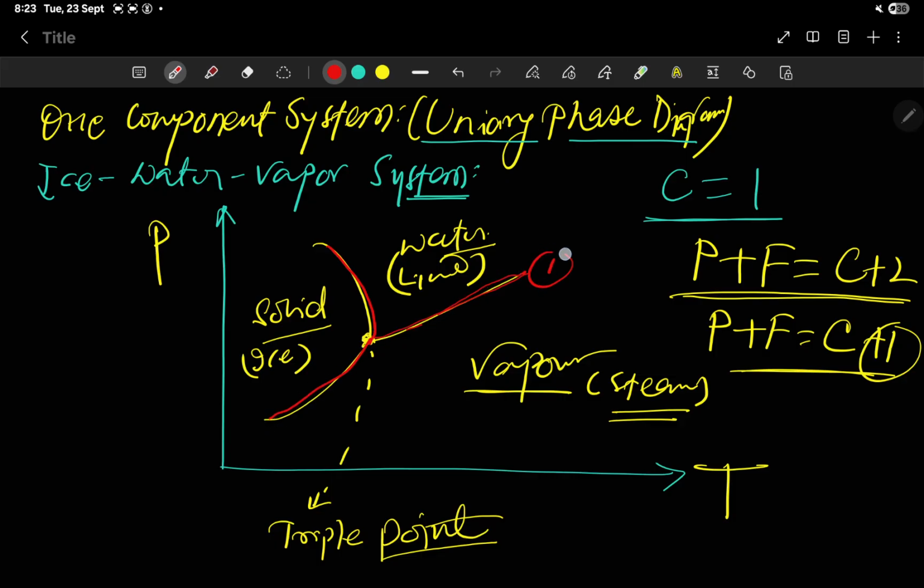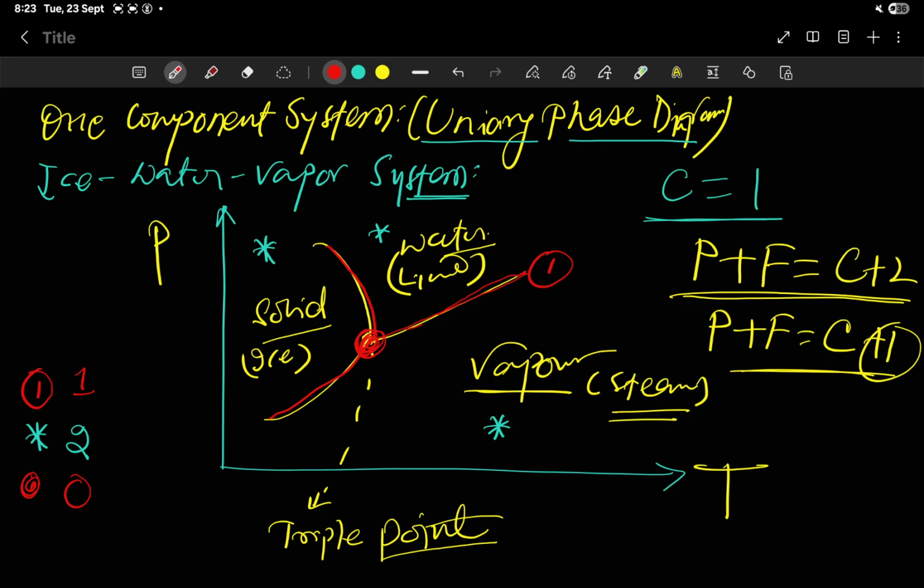In this region, degree of freedom will be 2. At this point, degree of freedom will be 0. And at this curve, degree of freedom will be 1. So these are the different regions where degrees of freedom are defined.